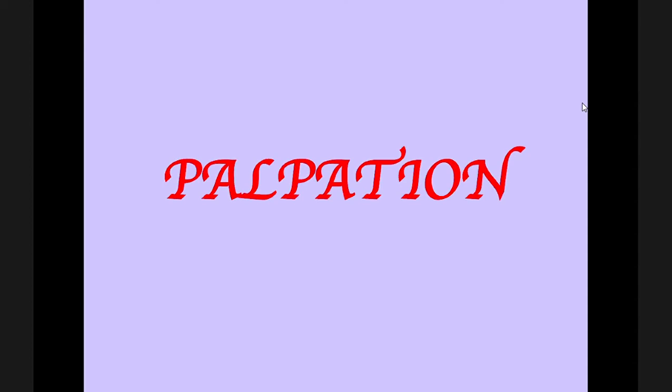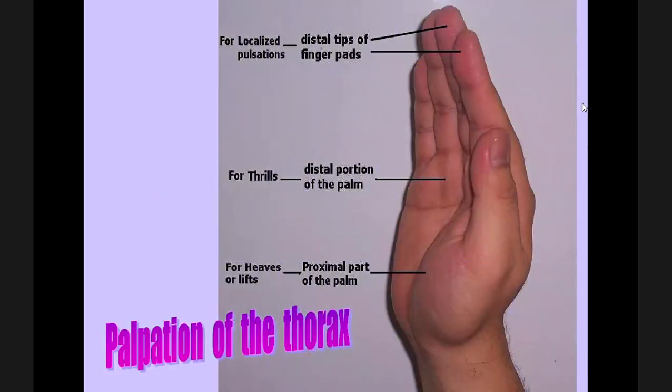So after your inspection, you will proceed with your palpation. When you palpate, you use these different parts of your hand. The distal tip of the finger pads is used for localization of pulsations.